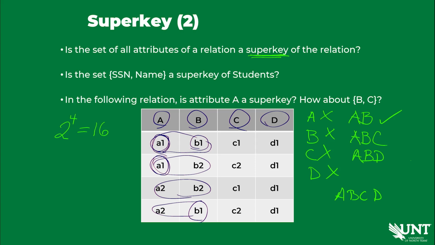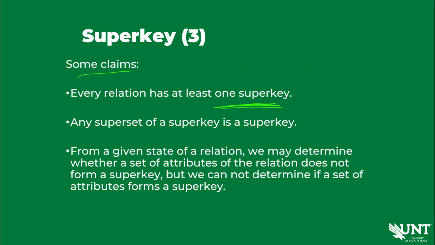So this combination cannot repeat. So that's what we said, at least we're going to have one. Now, I also showed you, and I hope you noticed, that by adding an additional attribute to the existing super key, this is still a key. So that wasn't an issue. That wasn't a problem.